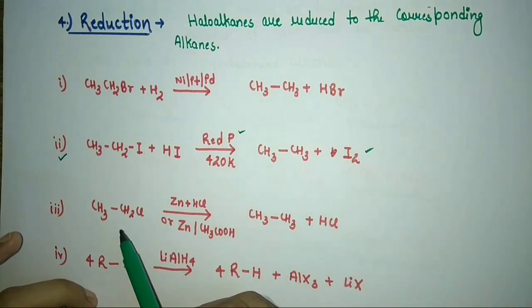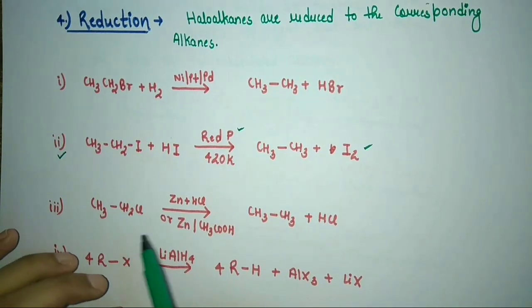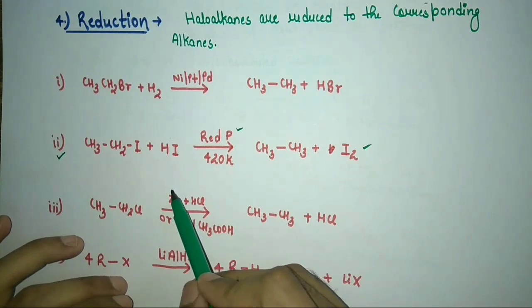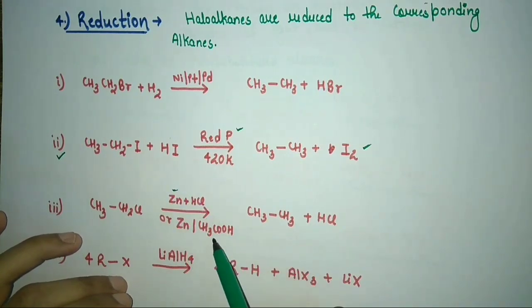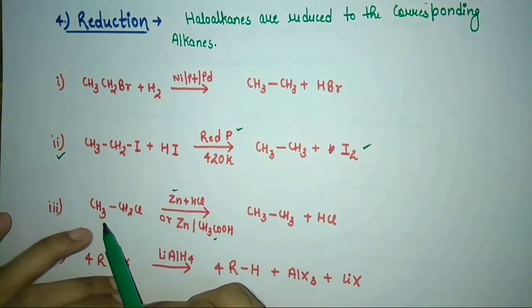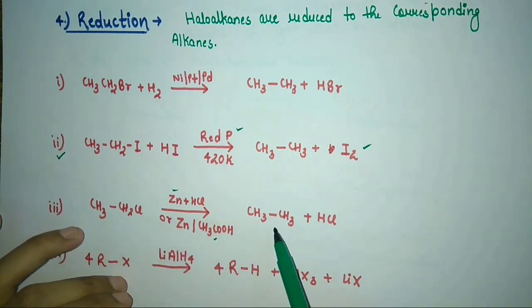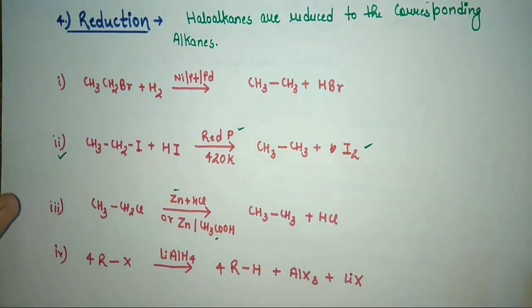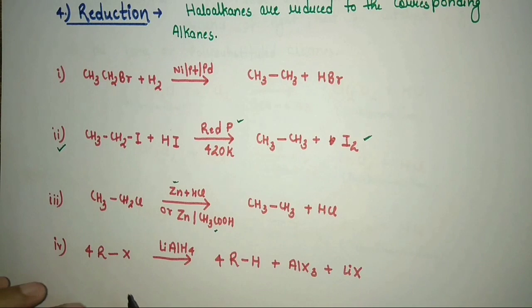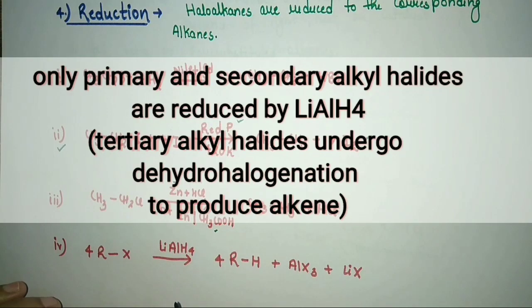Another one is when we dissolve certain metals like zinc in HCl or in acetic acid, then this alkyl halide will be reduced to the corresponding alkane. The next reduction is by using lithium aluminum hydride.